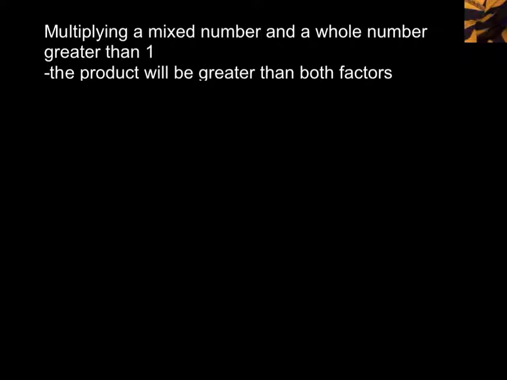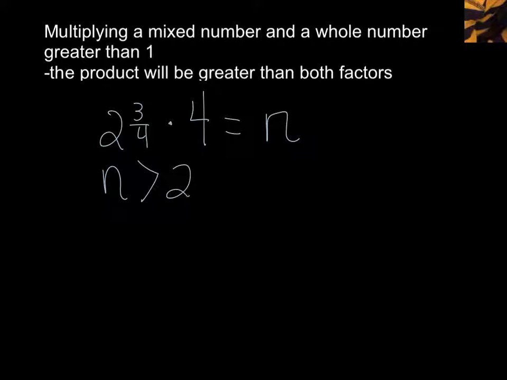So if I have 2 and 3/4 times 4, and I'm looking for, say, n again, n will have to be greater than 2 and 3/4, and n will be greater than 4, because multiplying means repeating factors.